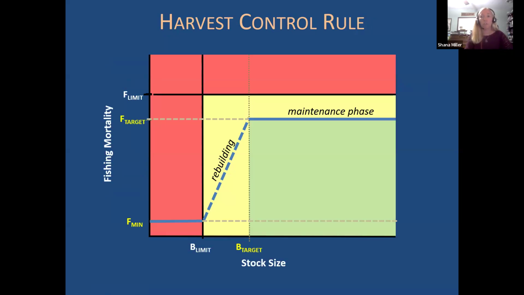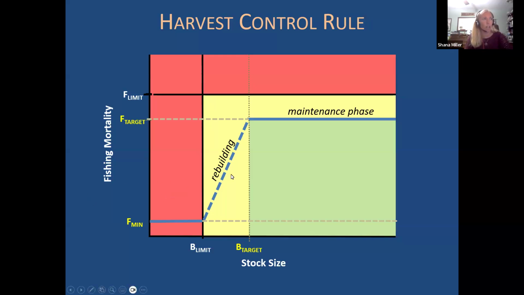Then there's the harvest control rule, which is arguably the most important part of a harvest strategy. It is the operational part. This is the same type of Kobe plot that we just saw with the buffer zone, and this blue line here is the harvest control rule. This very simple one is called a hockey stick harvest control rule. It's very commonly used in many different kinds of fisheries, although there are limitless forms and variations of harvest control rules.